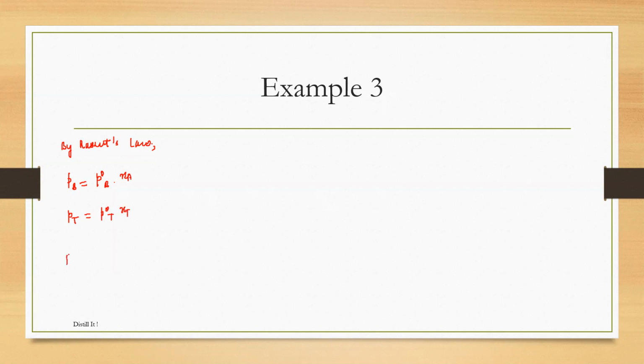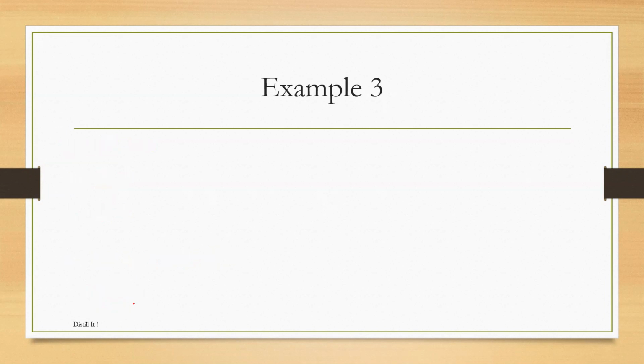All right. Hence, the total pressure, that is partial pressure of benzene plus toluene, according to Dalton's law, is going to be equal to P naught B XB plus P naught T XT. All right. Now, in the problem, they have given XB to be 0.3 and XT is 0.7, because 1 minus 0.3 is going to be 0.7.